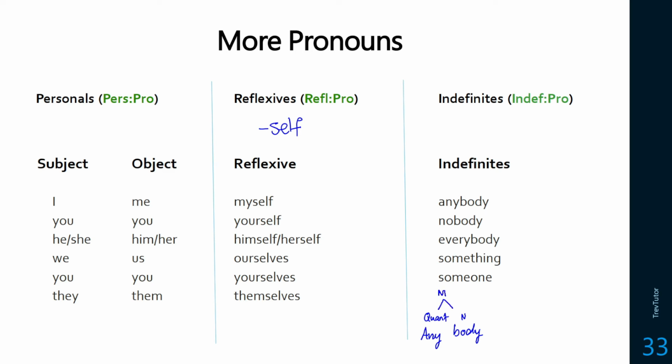So that would build up into a noun phrase. But if we have this general sense of the word, where what you really mean is an unspecified person, then this is in fact an indefinite pronoun. So we're using the fact that spaces create new words in this case. So if you see anybody as one word, indefinite pronoun. Any body, that's two separate words, quantifier and noun.